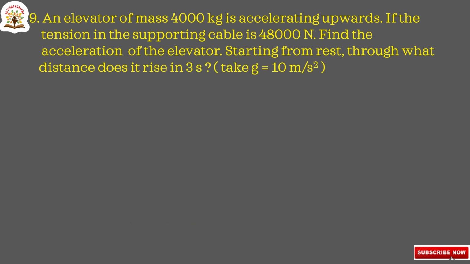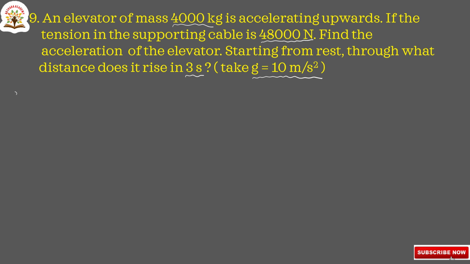Here in this question they have given g as 10 meters per second square, the elevator of mass 4000 kilogram and the supporting cable tension 48,000 newtons. So we have to find the acceleration of the elevator starting from rest and what distance it rises in 3 seconds.